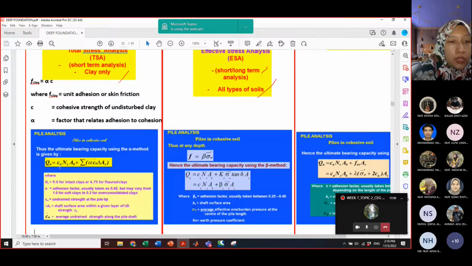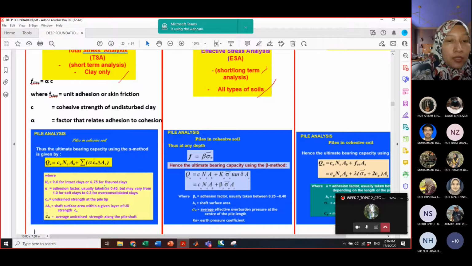For CU, we usually refer to which layer of soil the pile base is in, for that particular undrained strength, undrained cohesion. So if our base is in the third layer with an undrained cohesion of 20 kPa, we will use 20 kPa in the calculation for QB. How about NC? NC depends. For some example clay of the intact clay type, we will use NC of 9.0.